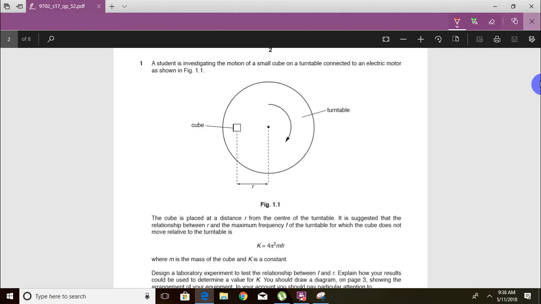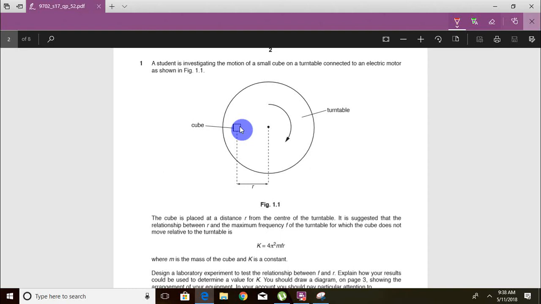Or you can actually mark that distance, the distance from the center to the surface, which is going to be a bit easier. Variable control is important.